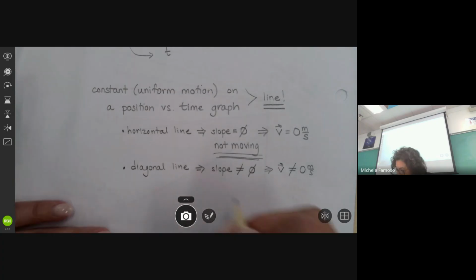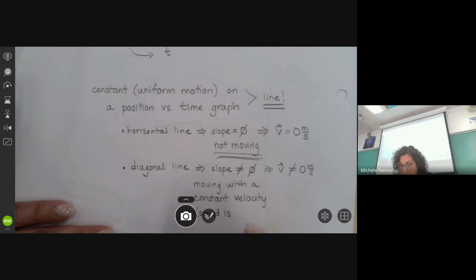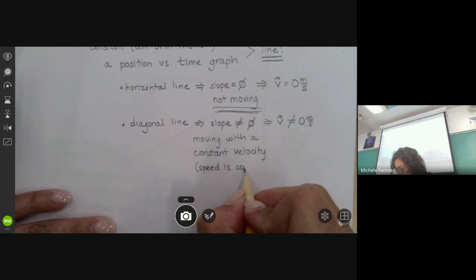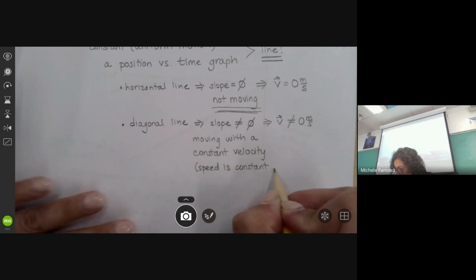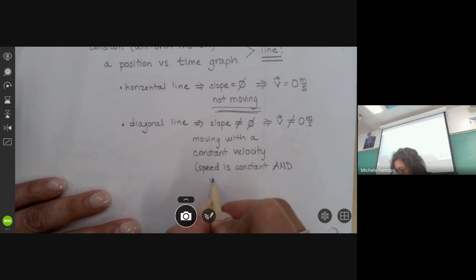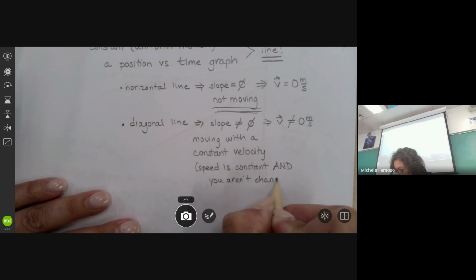This means, therefore, that you are moving with a constant velocity, meaning your speed is constant and you aren't changing direction of motion.